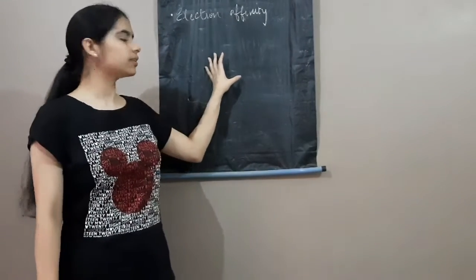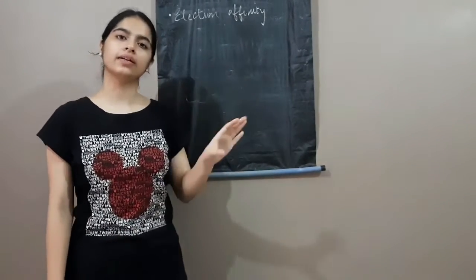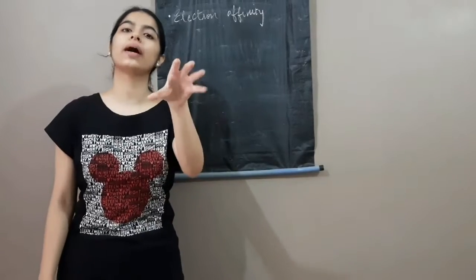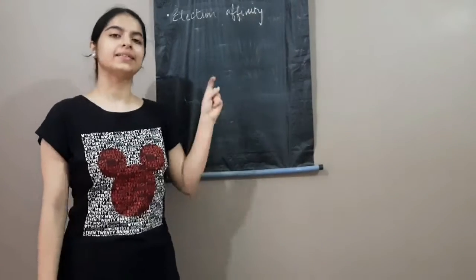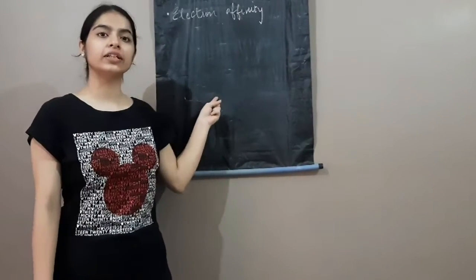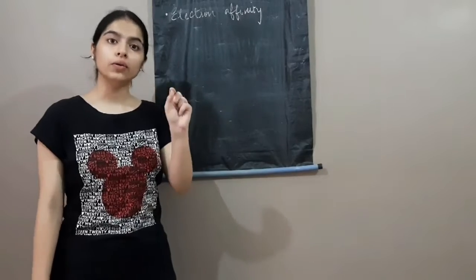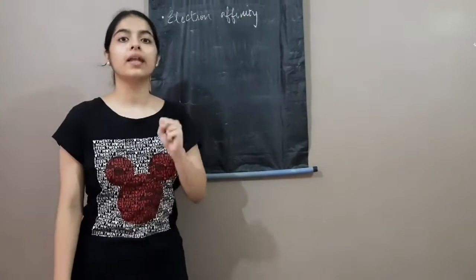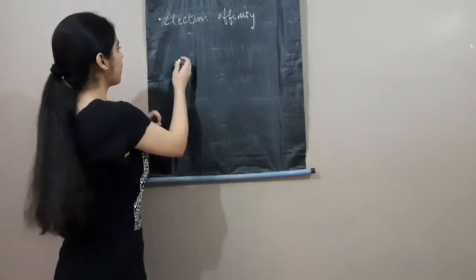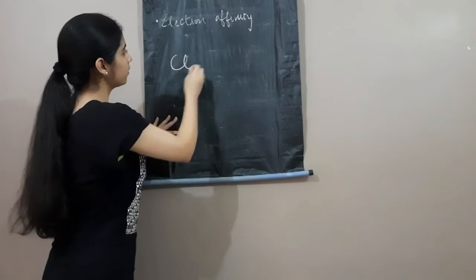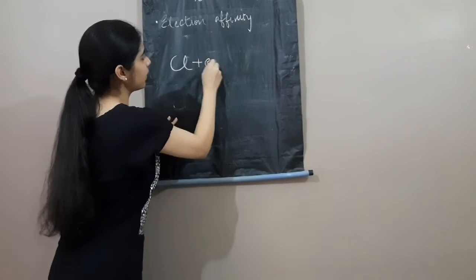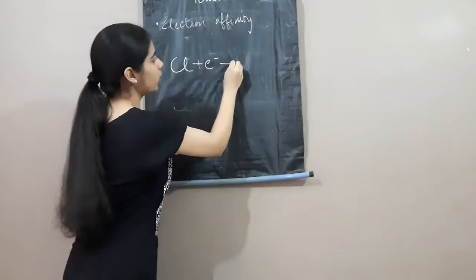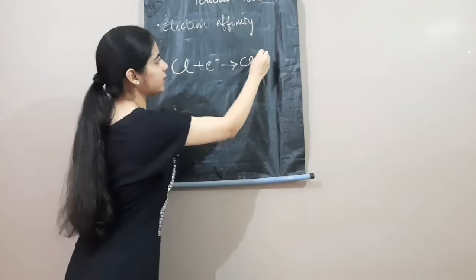Now, as I told you in ionization energy, it is the energy required to remove an electron. Similarly, energy is involved when gaining an electron. Now, if I say that chlorine gains an electron, what does that form? A negatively charged ion.